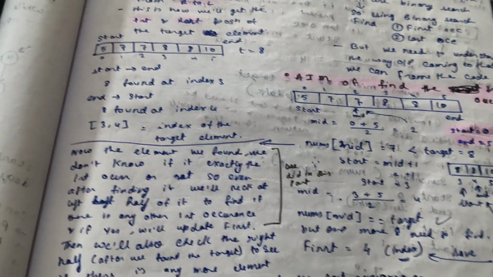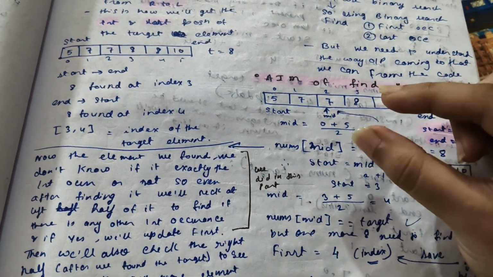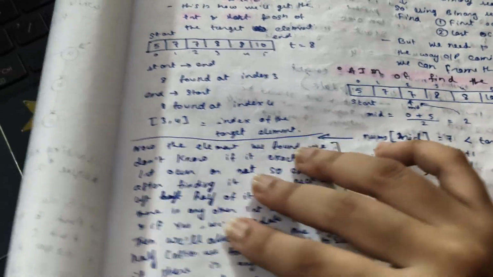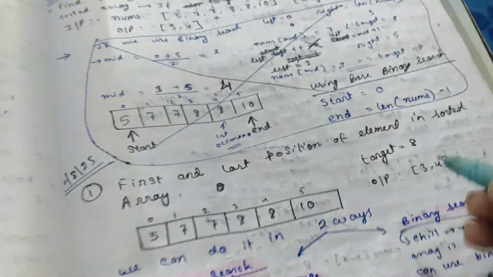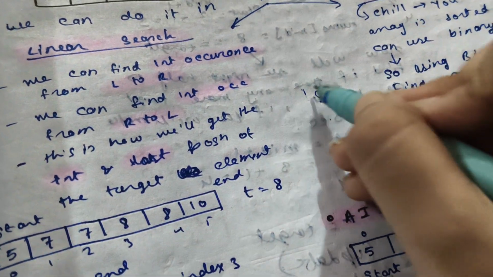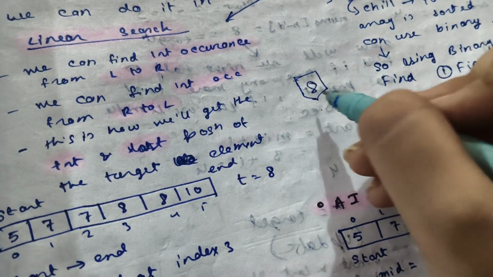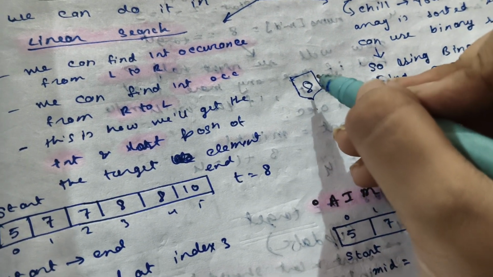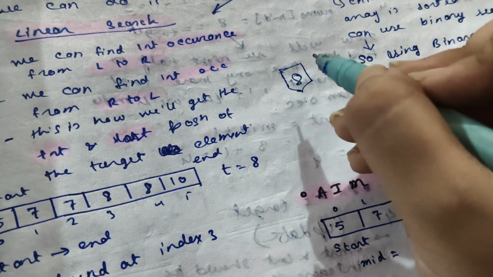So logically, when we have to find the first occurrence, suppose we found the target element 8 but we are not sure if this is the first occurrence or not.